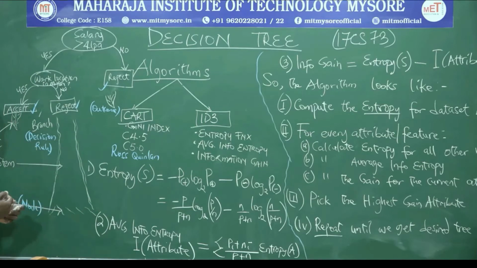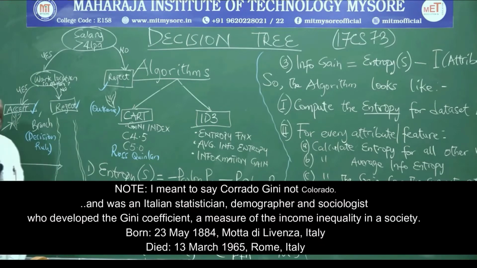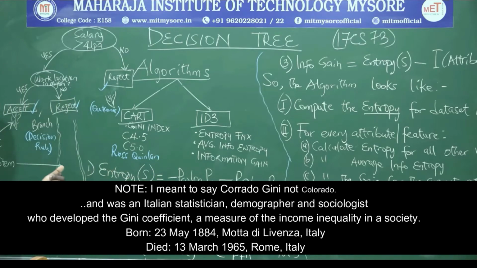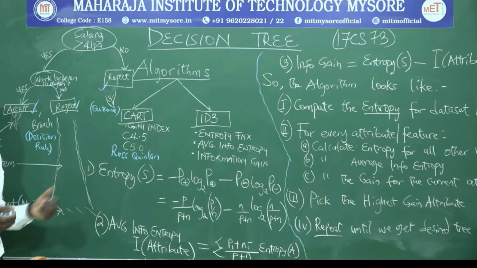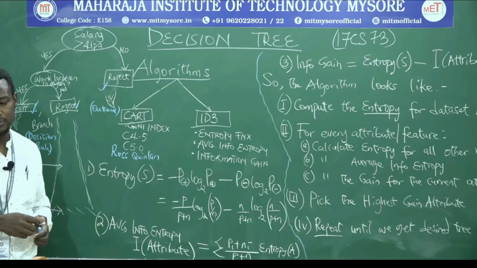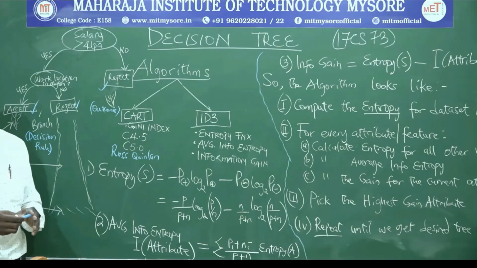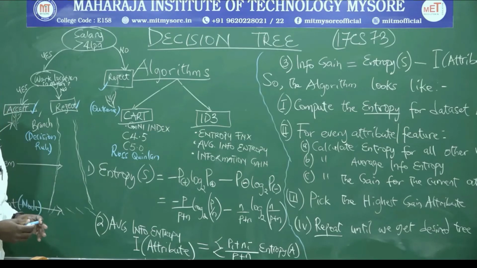His name was Corrado Gini. I say was because he developed this in 1912, so I'm pretty sure he's no longer alive. It was used to gauge the economic inequality of a population. But are we talking about economics here? No. In data modeling, the same Gini index was extended to measure the inequality amongst values of a variable.